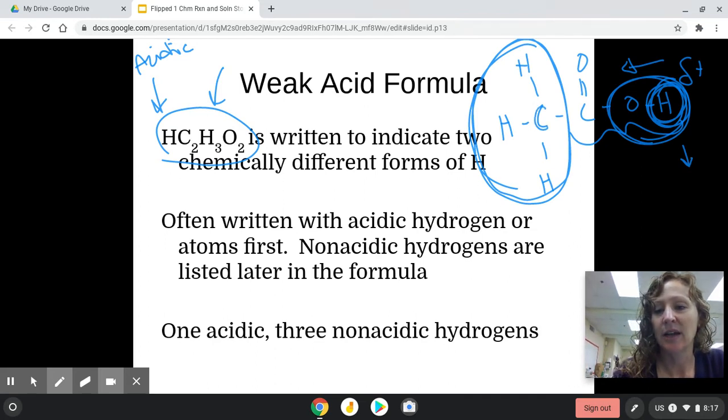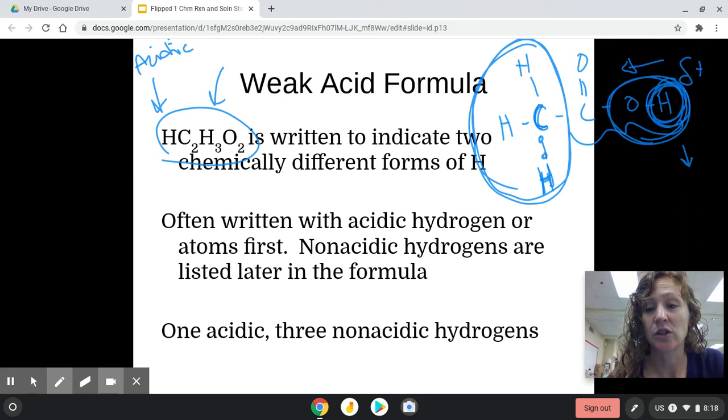Whereas carbon and hydrogen tend to have very similar electronegativities, and so these electrons here are shared fairly equally between the 2 atoms. And so this hydrogen is not going to be able to be stolen away because it's not very charged. It's very securely bonded to that carbon.